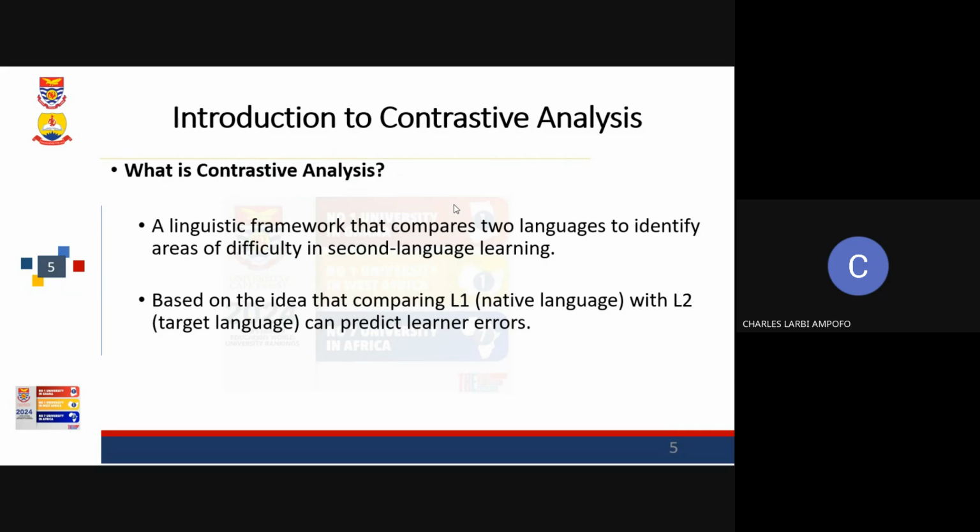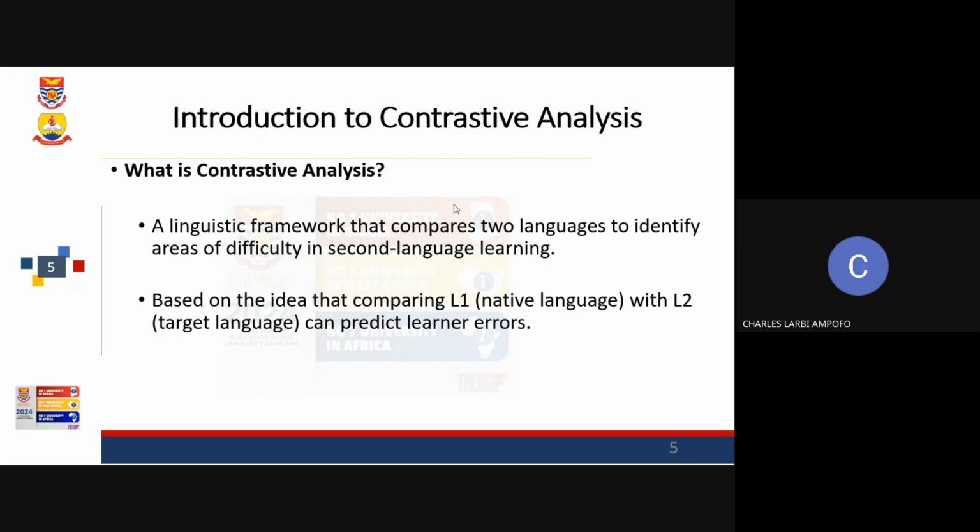So we begin by asking ourselves what contrastive analysis is. Earlier, I asked what contrastive or to contrast means. And our colleague said that to compare 2 things. Yeah, so all that we're looking at here is comparison. So we compare 2 things.